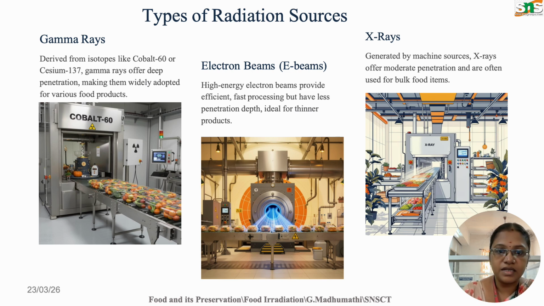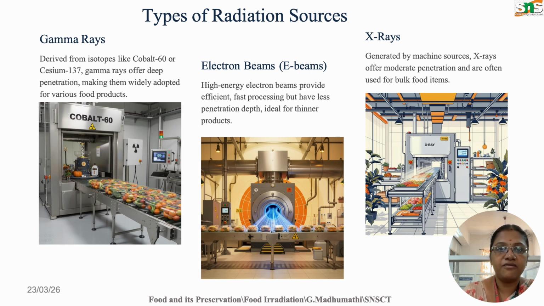In gamma rays, they use sources like cobalt 60 or cesium 137 that help to penetrate deep into the food material, and this has been adopted for various food materials, for fruits and vegetables and so on. Electron beams, otherwise called E-beams, are high energy electron beams made to penetrate quickly into the food material.